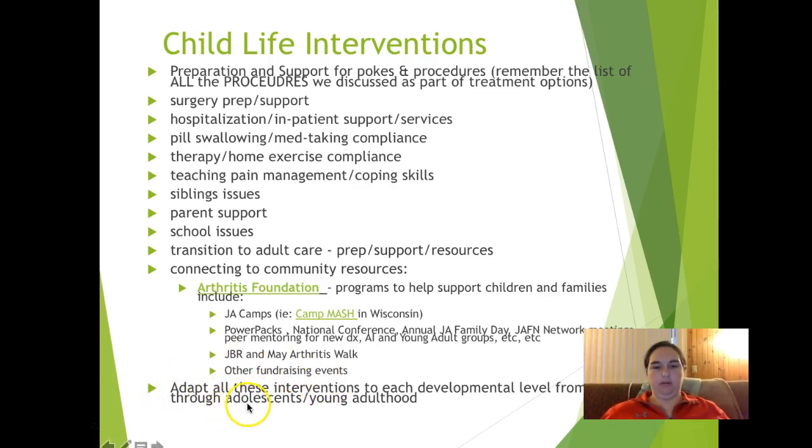And then it's important to remember, as we've talked about with other chronic illnesses, especially when you're doing education about the disease or teaching coping skills, to adapt and re-educate and re-teach and support all these interventions to each developmental level, from infancy through adolescence and young adulthood.